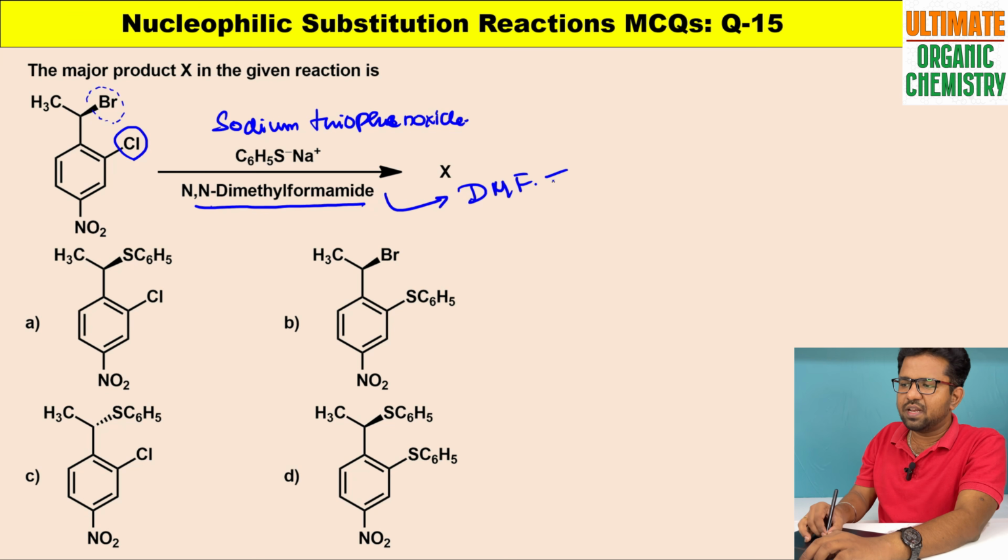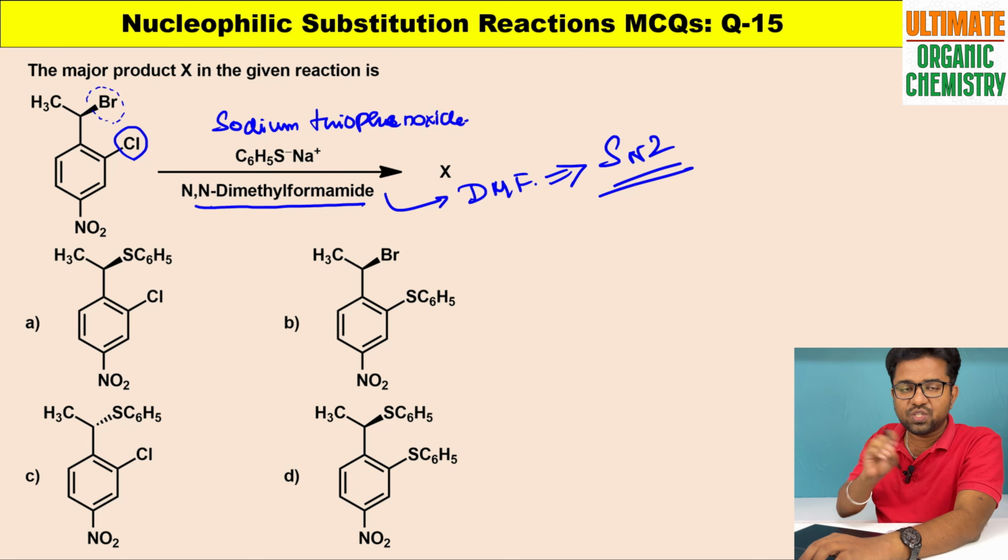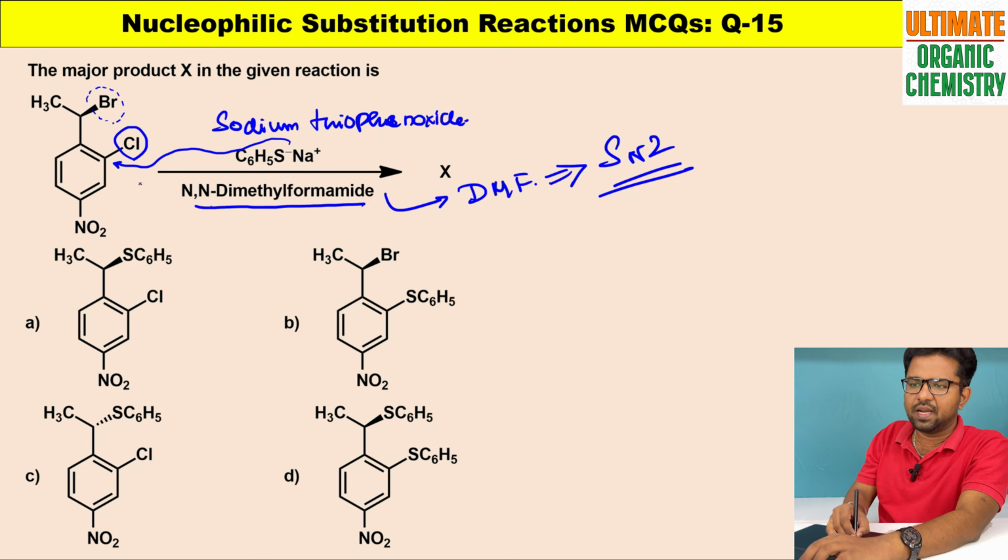If you use DMF, then the reaction mechanism will be SN2. First, let us discuss which will undergo reaction. For example, if S minus approaches this benzene ring and thereby Cl minus leaves, then this reaction is known as aromatic nucleophilic substitution, the SNAr reaction.